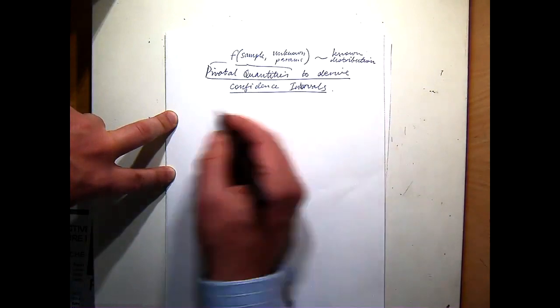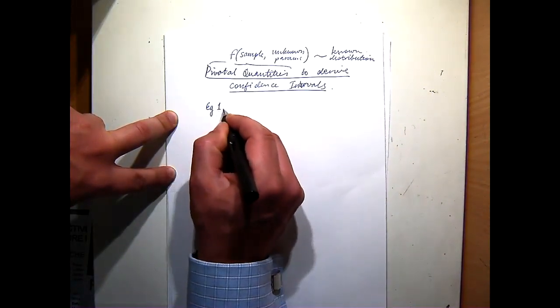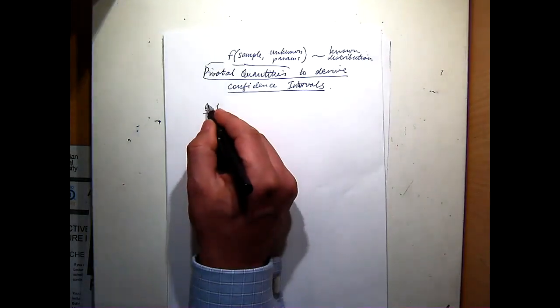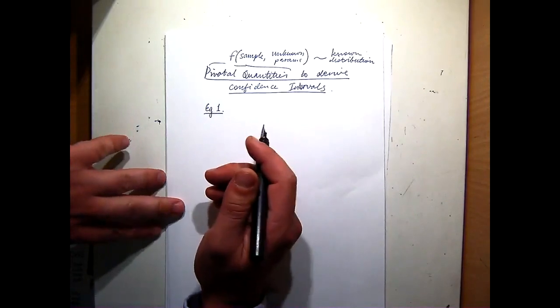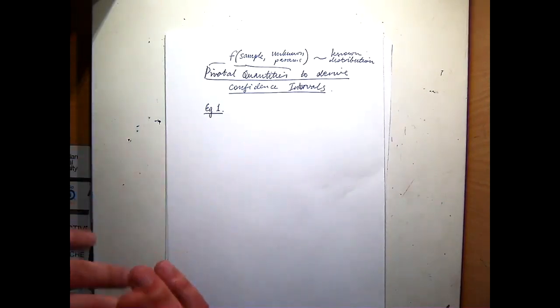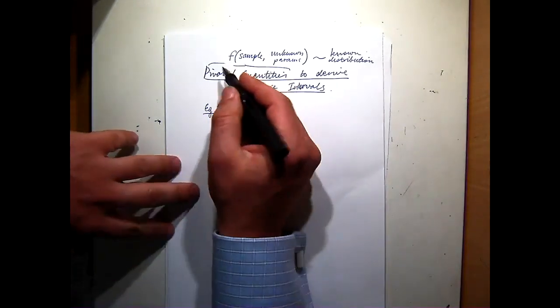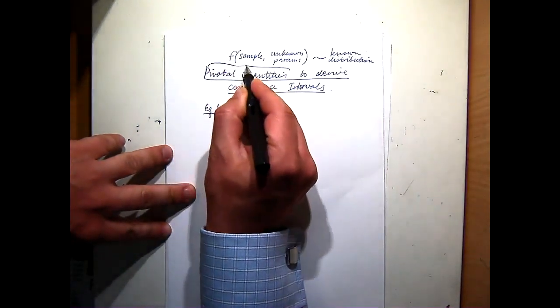Now, the known distribution might not be quite as simple as some of the distributions we've done, but it'll generally be something that we can analyze. In terms of actually coming up with the confidence intervals, that's a matter of taking quantiles, and there are special tables that you'll be able to use to do that in the exam.